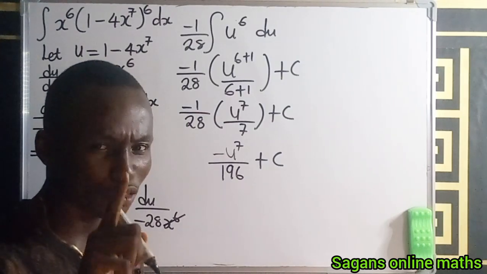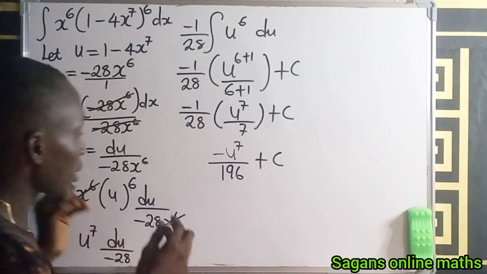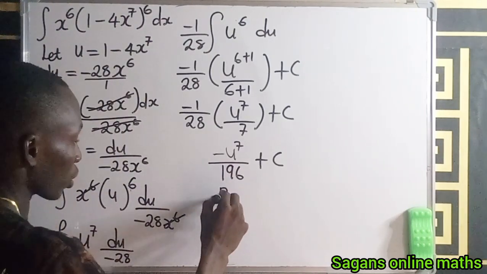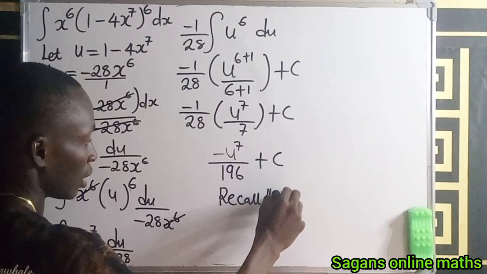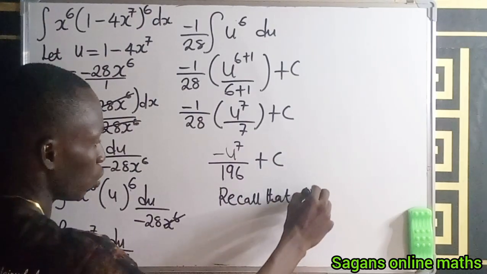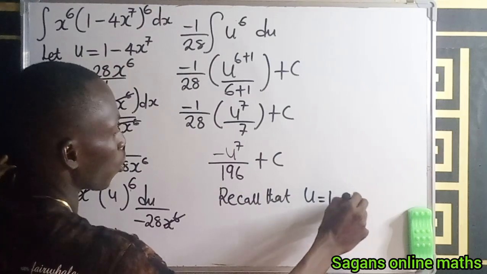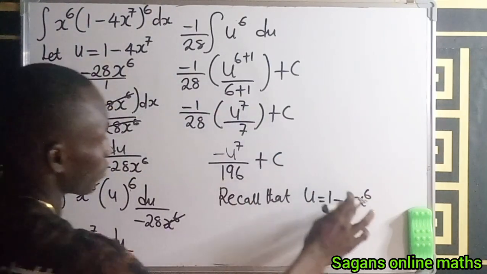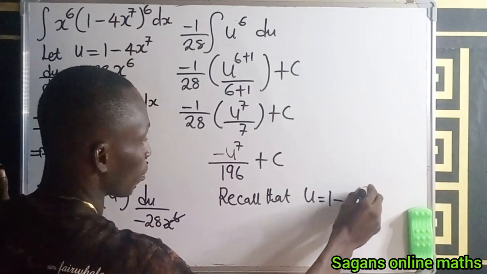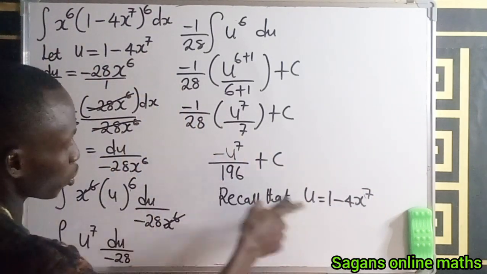But let us remember something very interesting in this class. Recall that u is equal to 1 minus 4x to the power of 7, as you can see here. So anywhere we see u, we substitute this.